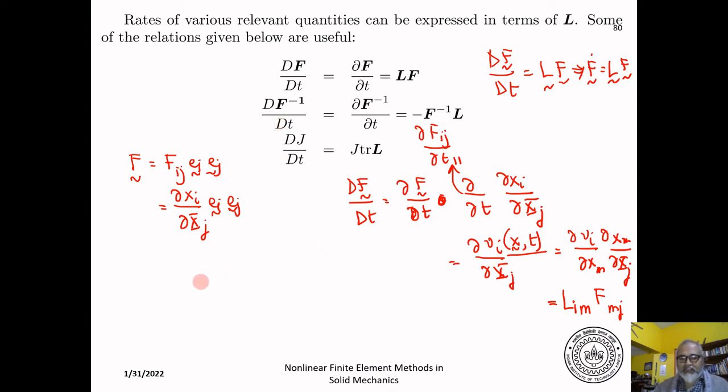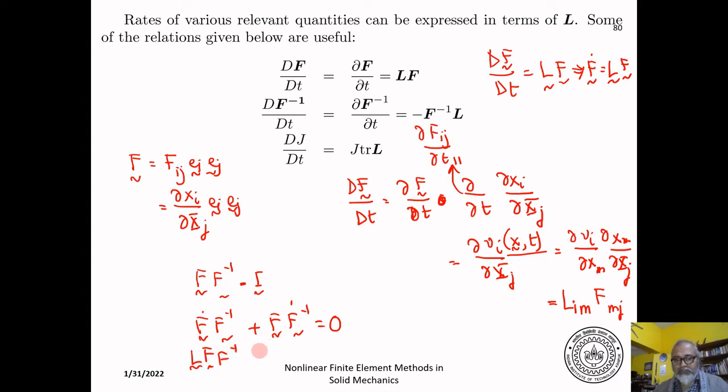Now F inverse dot is easy. If you want F inverse dot, then you use the fact that F F inverse is equal to I. Take time derivatives of both sides. On the left you have F dot F inverse plus F F inverse dot. This is I, so this is equal to 0. F dot is LF.